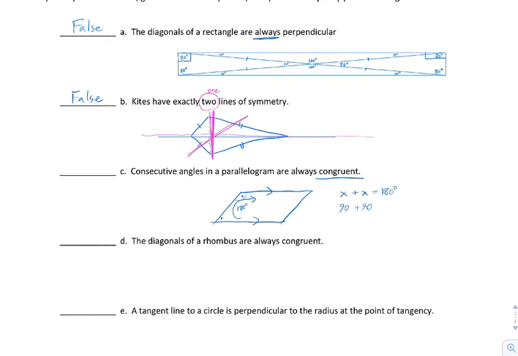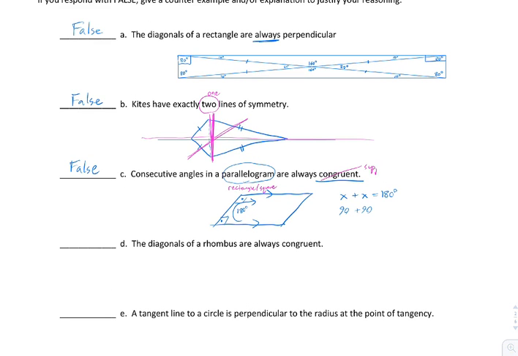These would have to be right angles. So this isn't always true, but it is true if it is a rectangle, or if it's a square. But the angles are actually supplementary, not congruent, okay?